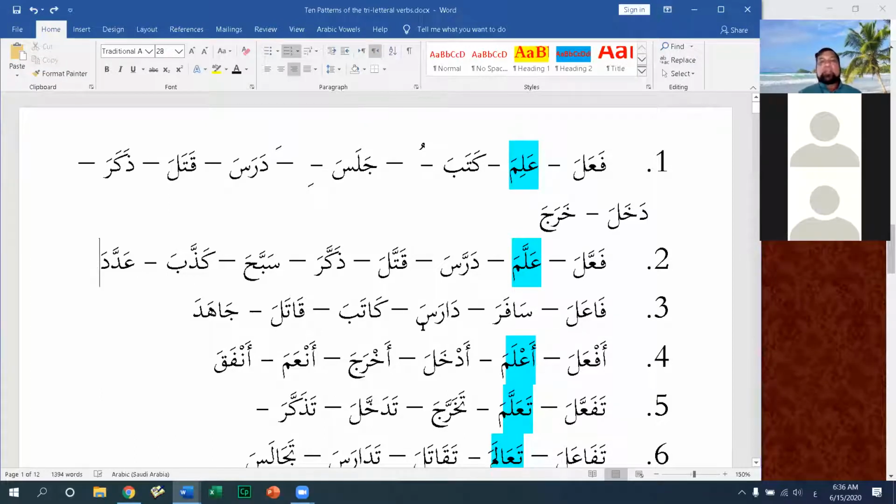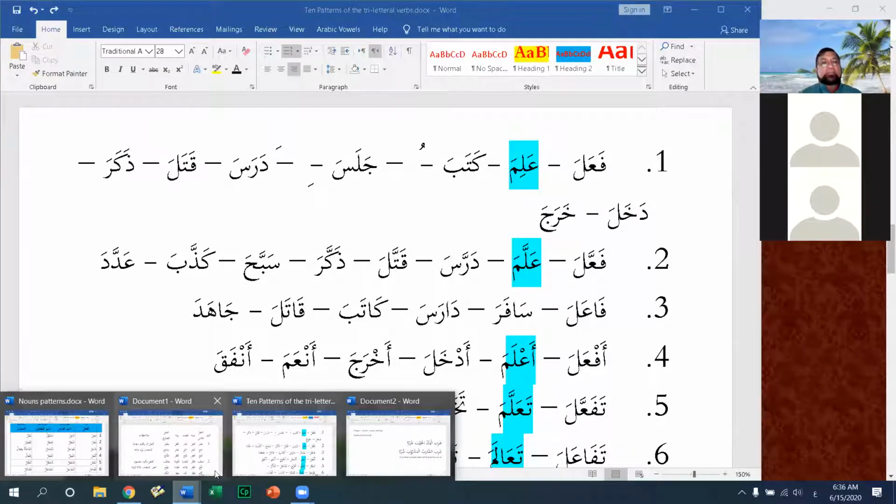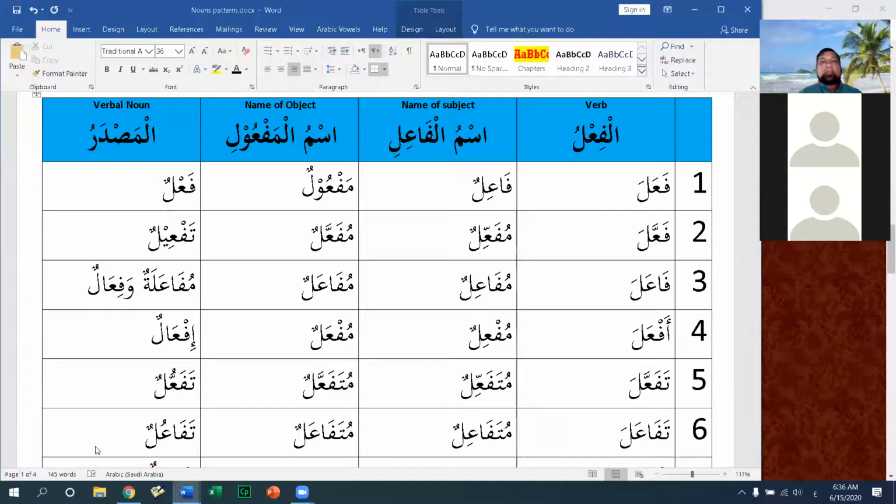So those are examples of verbs, or the asma for the verb, on the pattern of fa'ala. If we go to fa'ala, the third pattern of the trilateral verb, ismul fa'il is on the pattern of mufa'ilun.